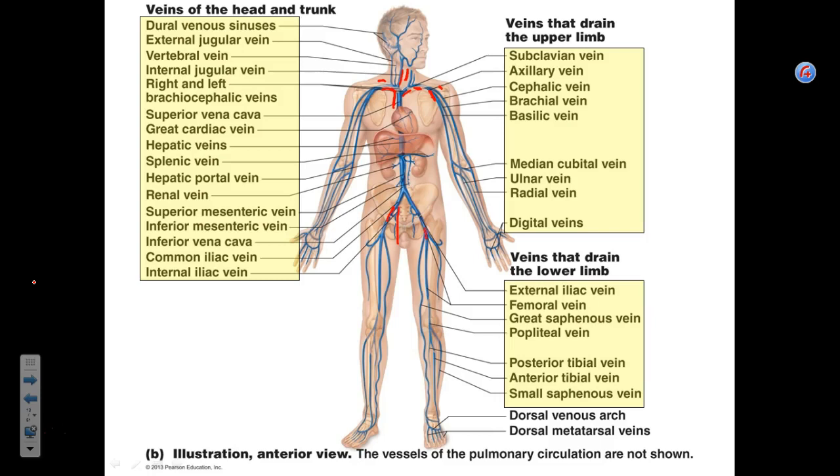The external iliac vein will become the femoral vein, and branching of the external iliac will produce not only the femoral but also the great saphenous. Femoral will branch and produce the popliteal vein. Popliteal vein will branch and produce the posterior and anterior tibial.